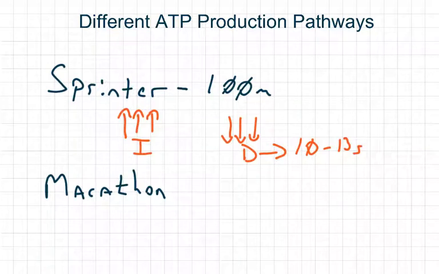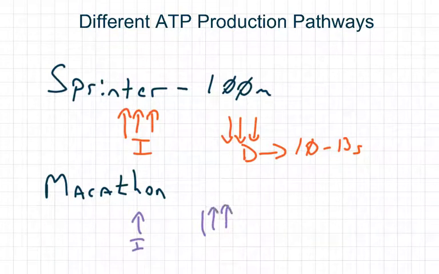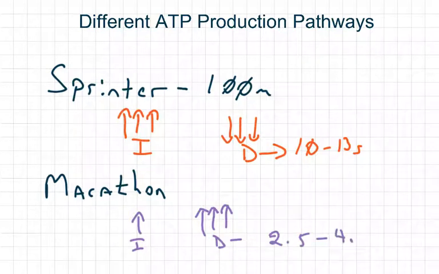Conversely, when we look at a marathon runner, the intensity is moderate to low, but the duration is extremely long. So for example, it could last anywhere from two and a half to about 4.5 hours, depending on how intense and how fast that runner is going.